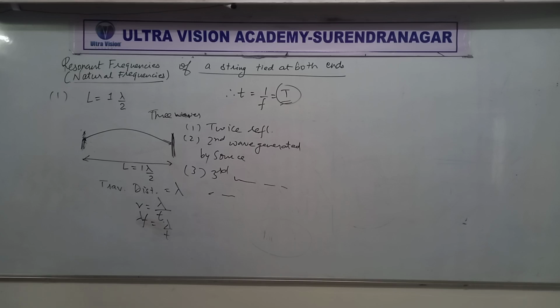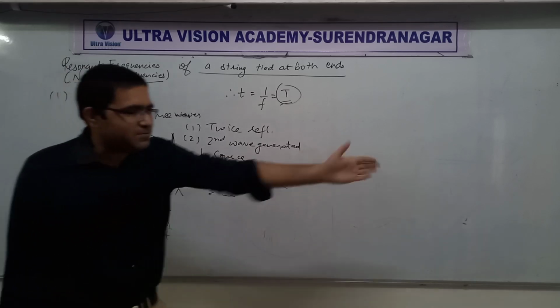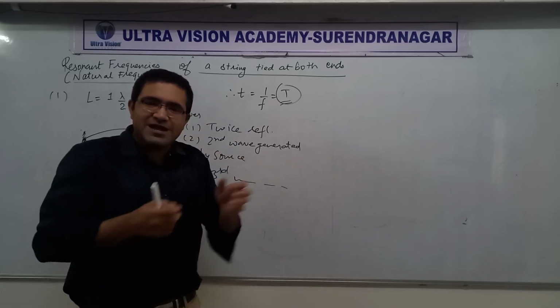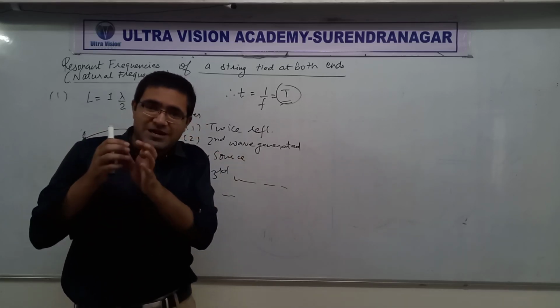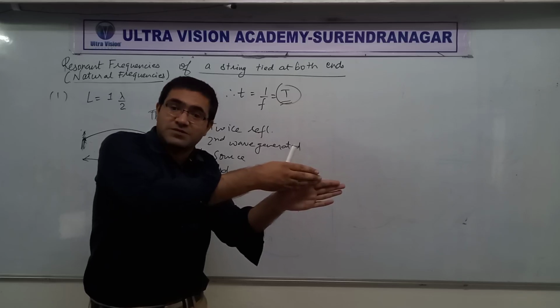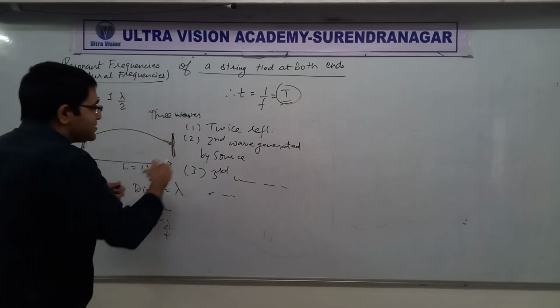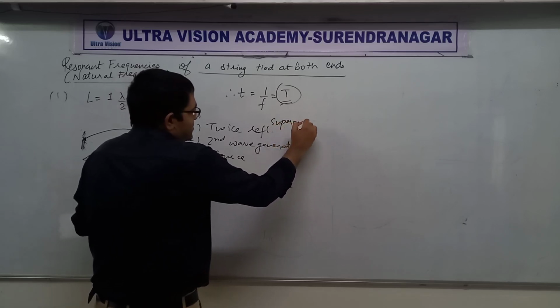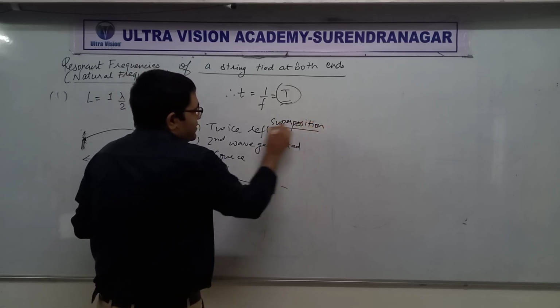Because the earlier two waves went there, came back, and are now ready to go again towards the right side. At the same time, the source is also oscillating, so it's sending one more wave towards the right side. So like this, all the three waves will get superposed.